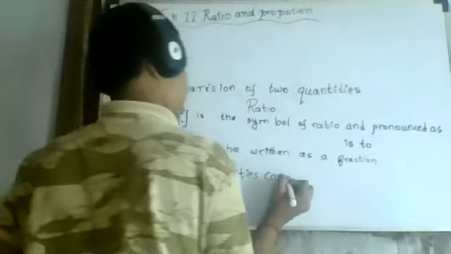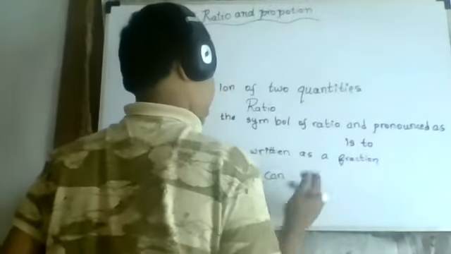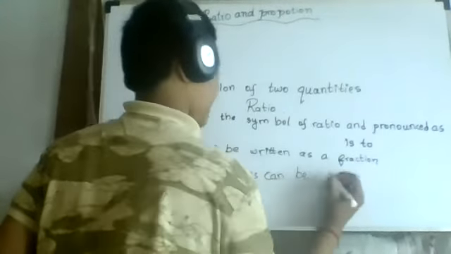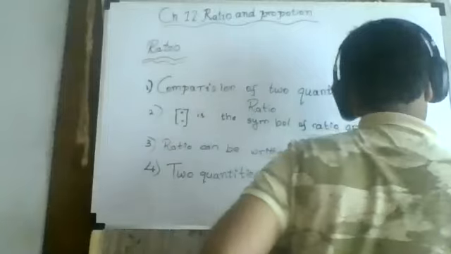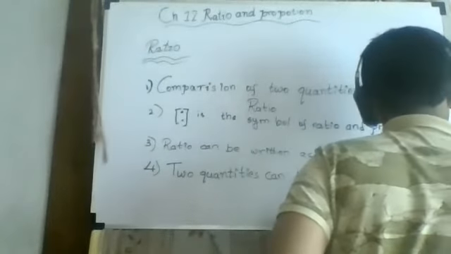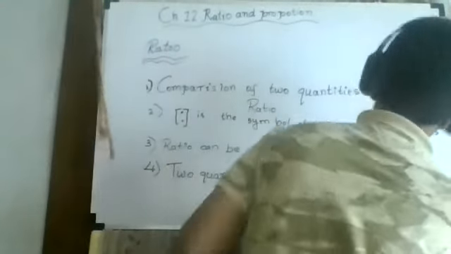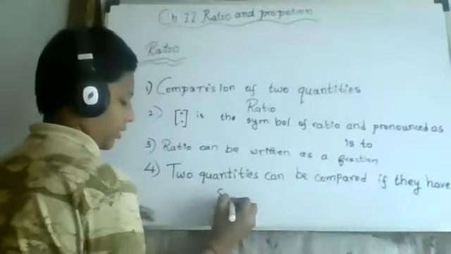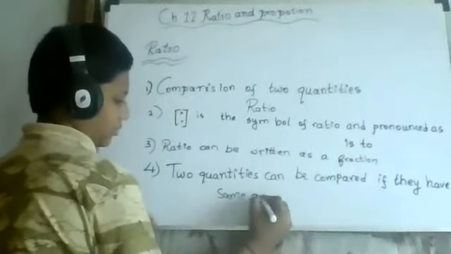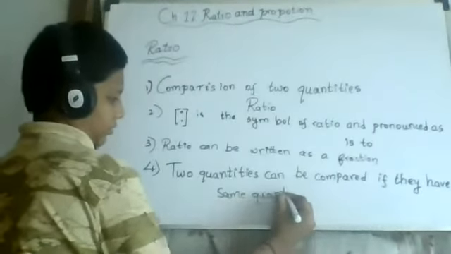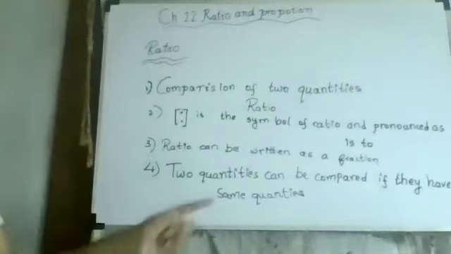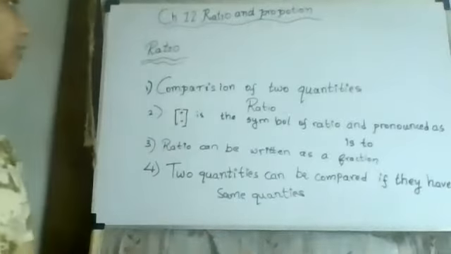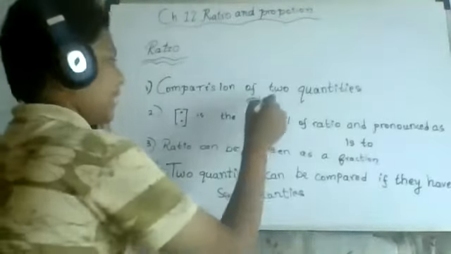These are the four main points we have to remember. The first point: the comparison of two quantities is known as the ratio.